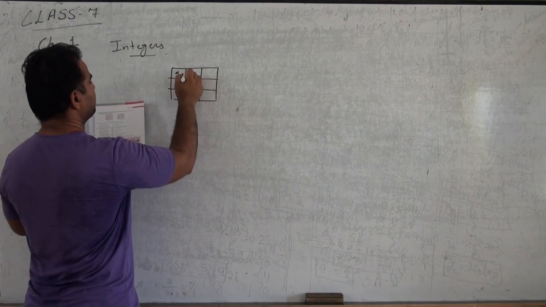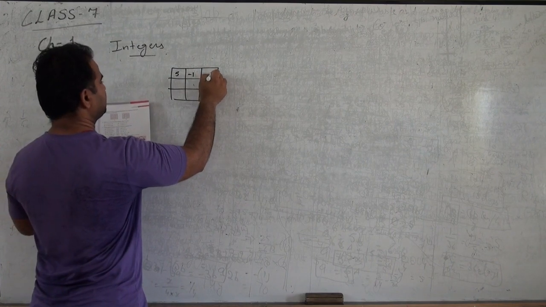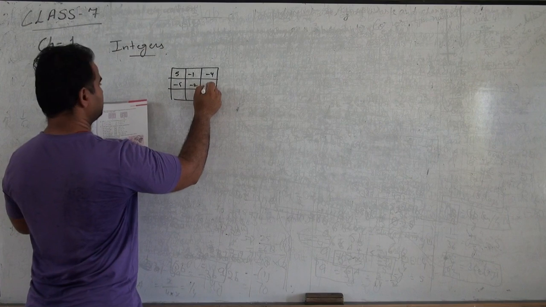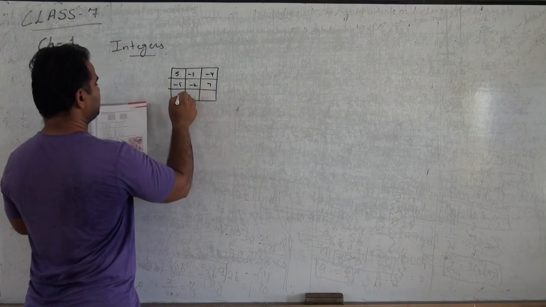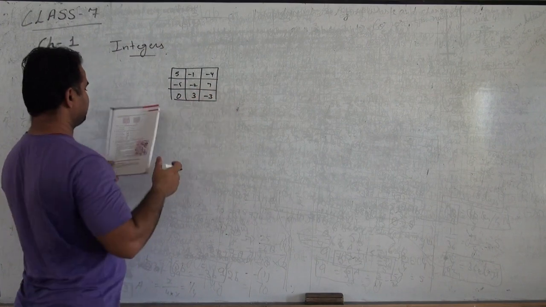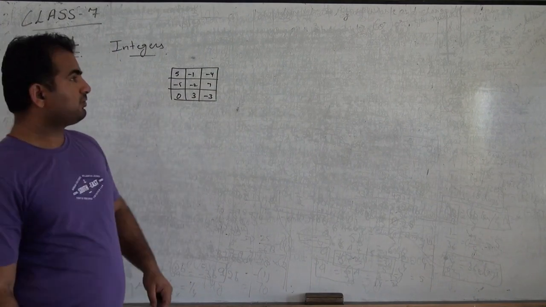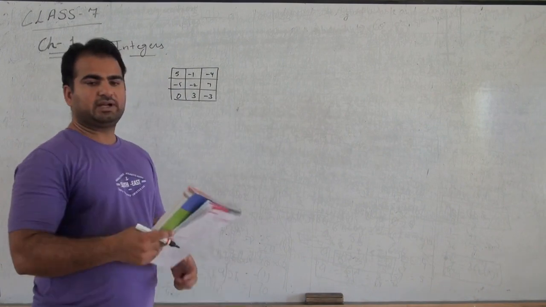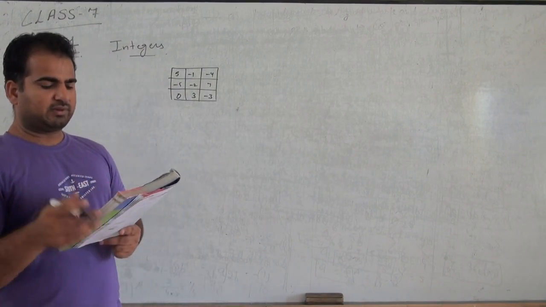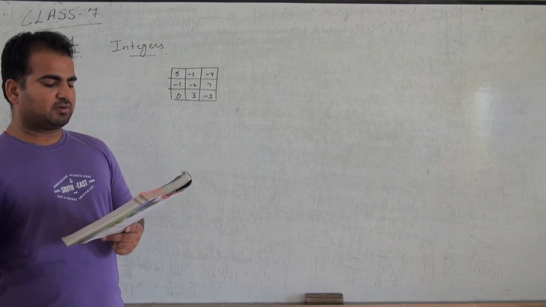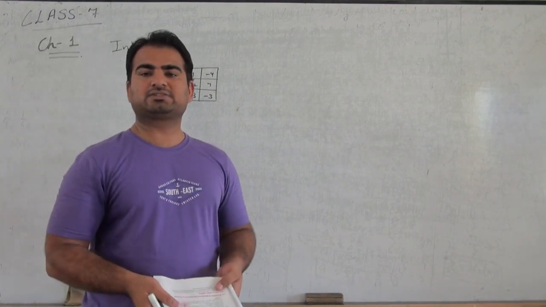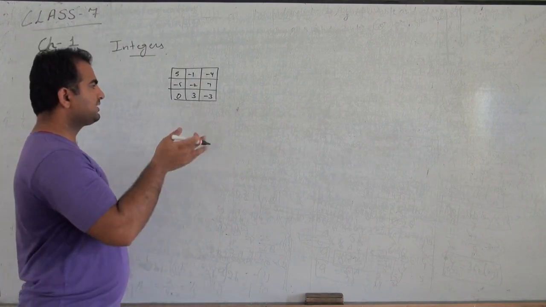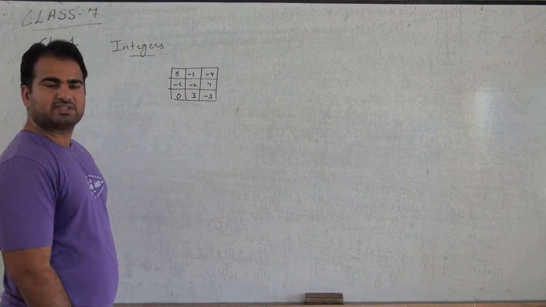It is 5, minus 1, minus 4, minus 5, minus 2, 7, 0, 3 and minus 3. What we have to do is add all of the integers by row, by column and diagonally, and check whether it is a magic square or not. So all the answers will be the same.